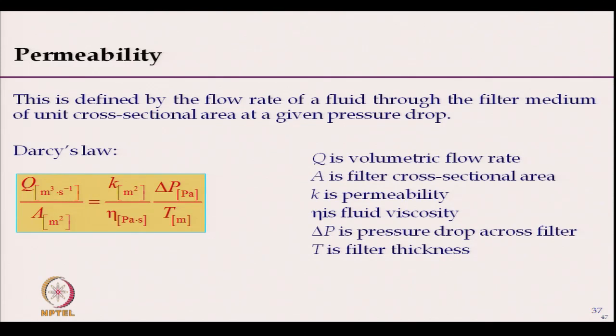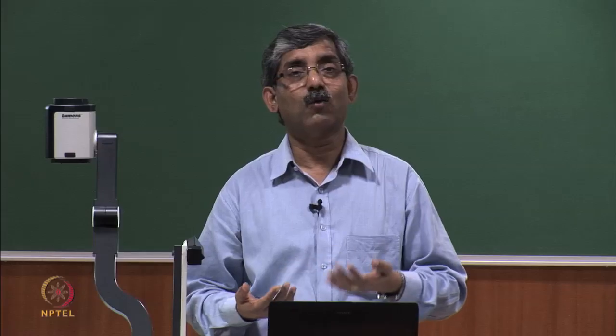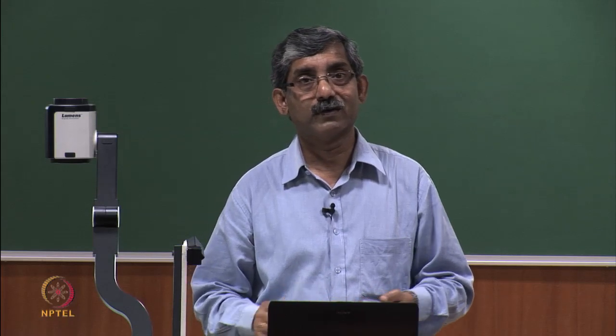Another important characteristic is the permeability. This is defined by the flow rate of a fluid through the filter medium of unit cross sectional area at a given pressure drop. This is simply the permeability of the filter medium, like air permeability or water permeability.